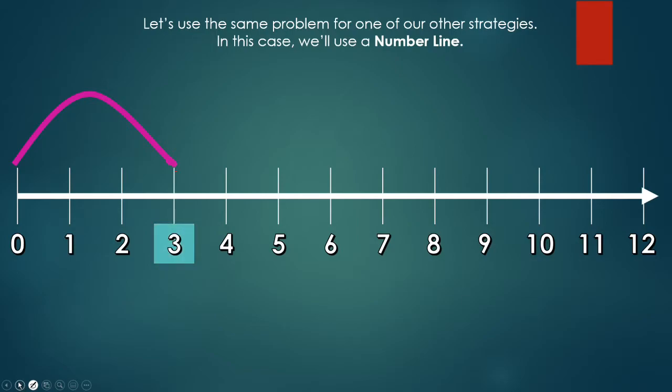Boom. We know we have 3. 3 to 6. Boom, we have 6. 6, 7, 8, 9. We have 9. And go ahead and draw the last 3. And what answer do you come up with?